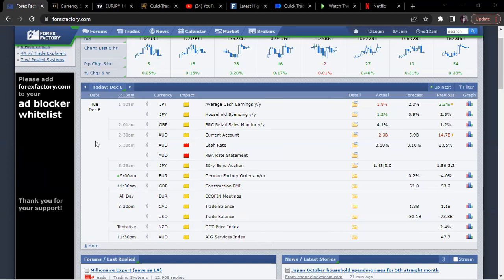Another reason why we're always avoiding red folders is the fact that we are not fundamental traders. We are technical traders. Now, I'll give you an example of both. A fundamental trader is a trader that trades purely based on the impact of the news. So they capitalize on what type of impact the news are going to have on specific currencies, and they capitalize on those before the news happen.